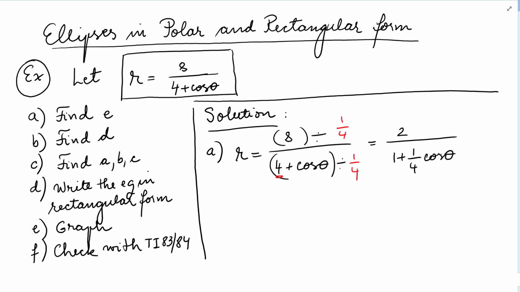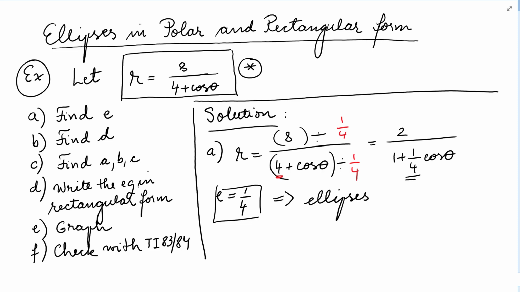That writes the equation in standard form, which means e is equal to 1/4, because e is equal to the constant in front of the trigonometric function. This makes the equation that of an ellipse. The conic is an ellipse because the e that we obtain is less than 1.